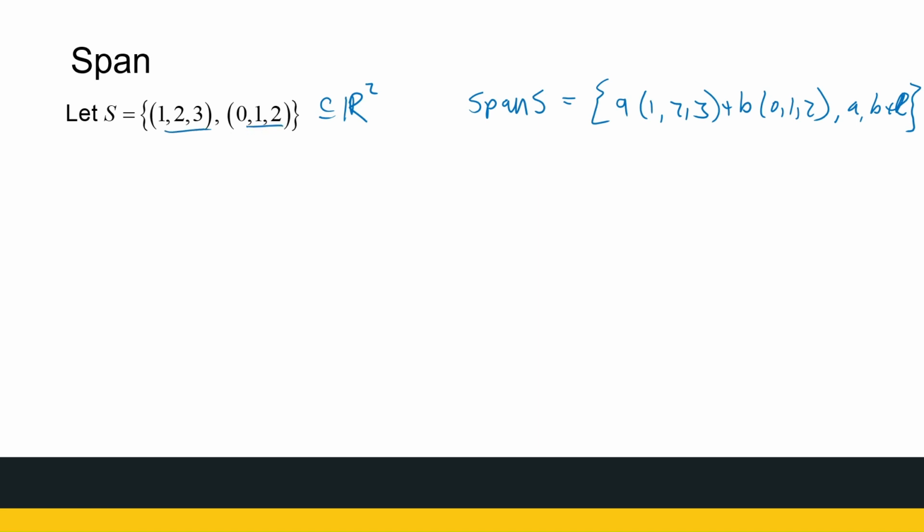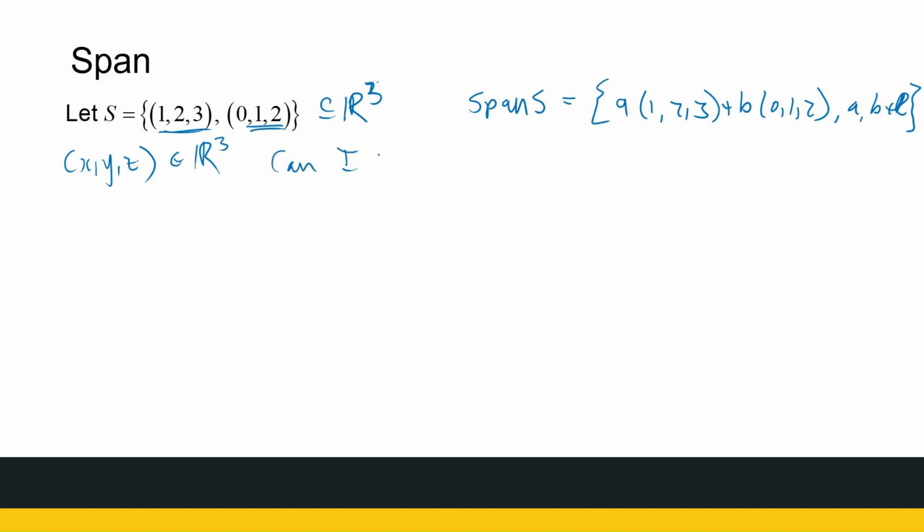So we can generate some elements from the span of S by picking various values of a and b. This is a subset of R3, so if we look at R3, the question is, if I take any x, y, z in R3, can I write it as a linear combination of those two?